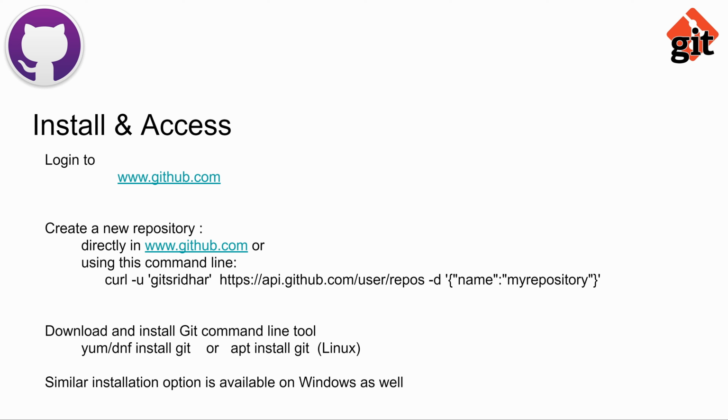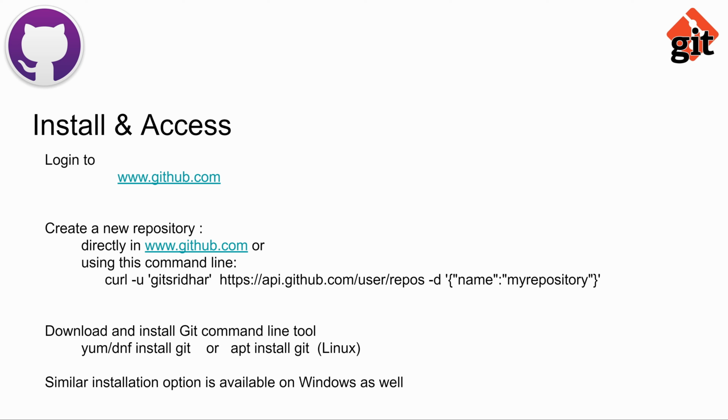In this case, my repository is the name. When you hit enter, it is going to prompt you for the password. If you enabled two-stage authentication, then you will have to enter the token. And then the repository will be created in the backend.